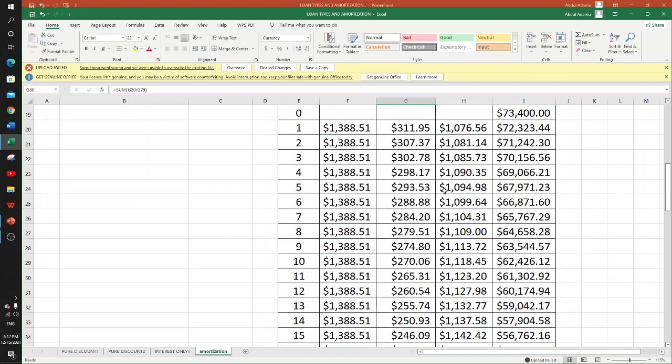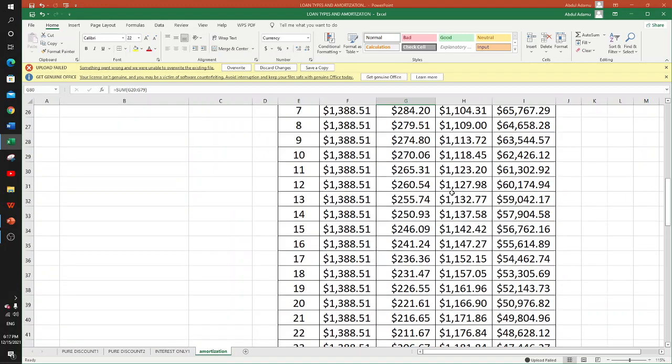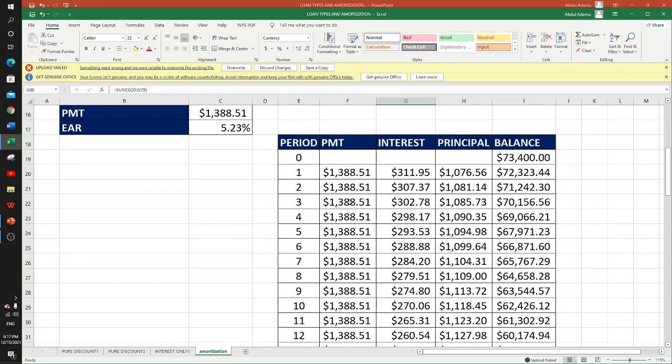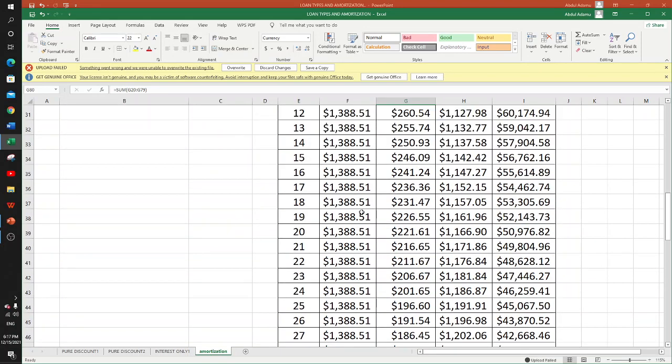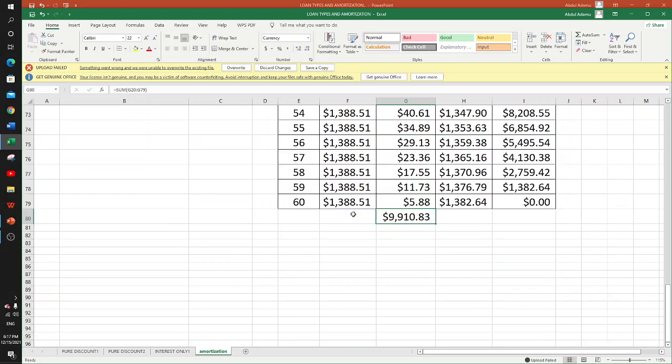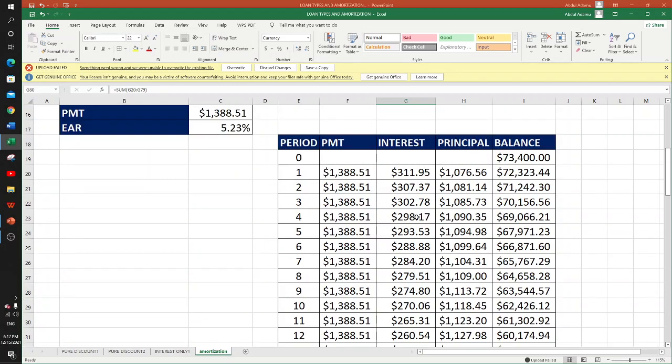So this is how we do an amortization table. You can see with Excel, this is very easy. For 60 months or any number of periods, you can easily do it. When you look at the amortization, we are making the same payment.